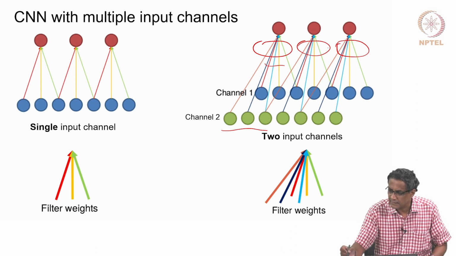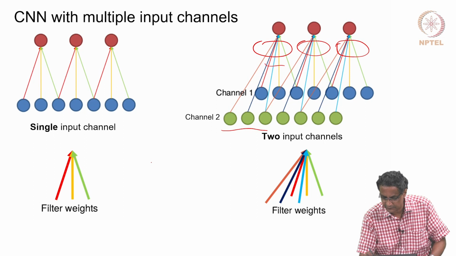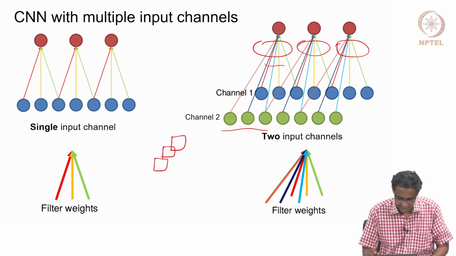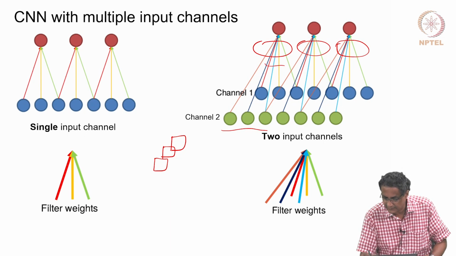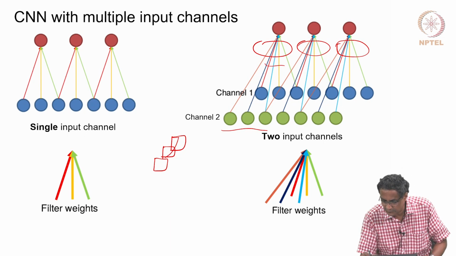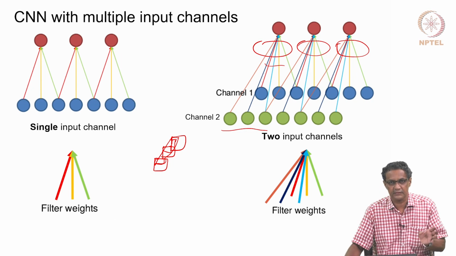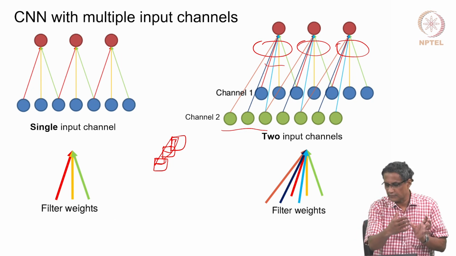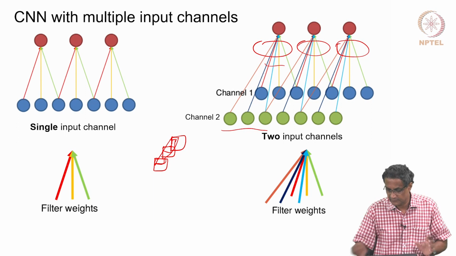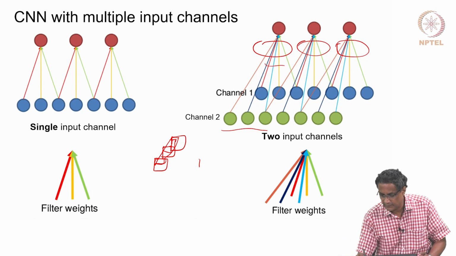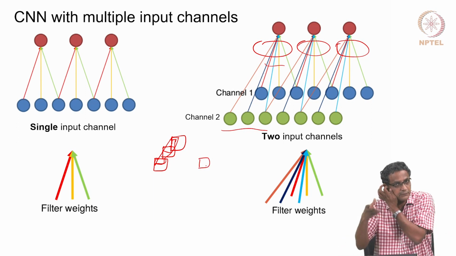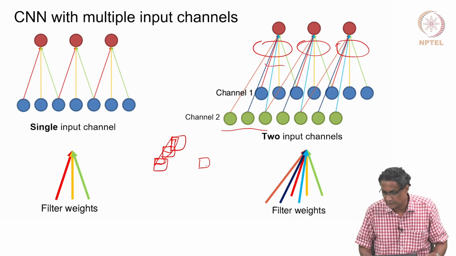And because of parameter sharing, this is exactly what I showed yesterday. You have a box filter that runs through and through, and that box filter will have a set of weights for this, a set of weights for this, and a set for this, but overall it's just one filter. This is for, let's say, one channel, one kind of feature map, and then you can change this box filter when you want a different output.